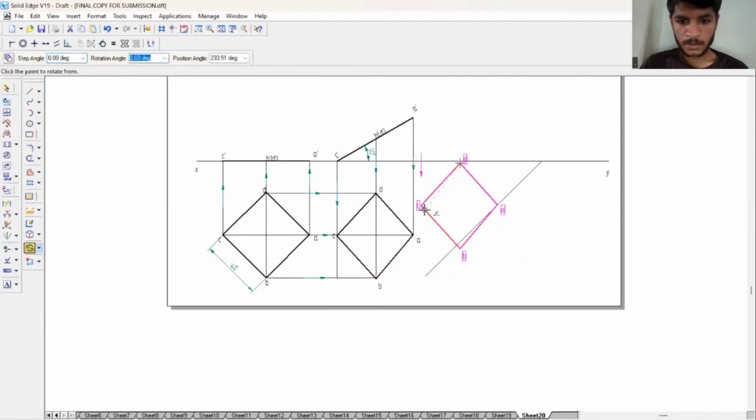Let's place it, and now let's rotate it.